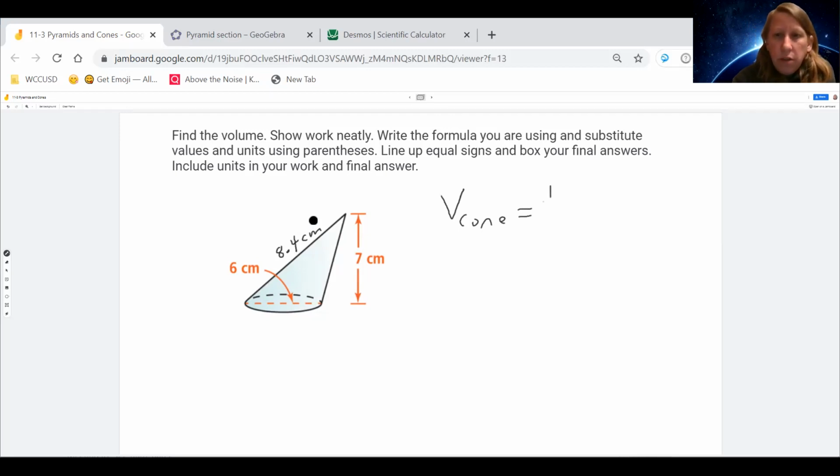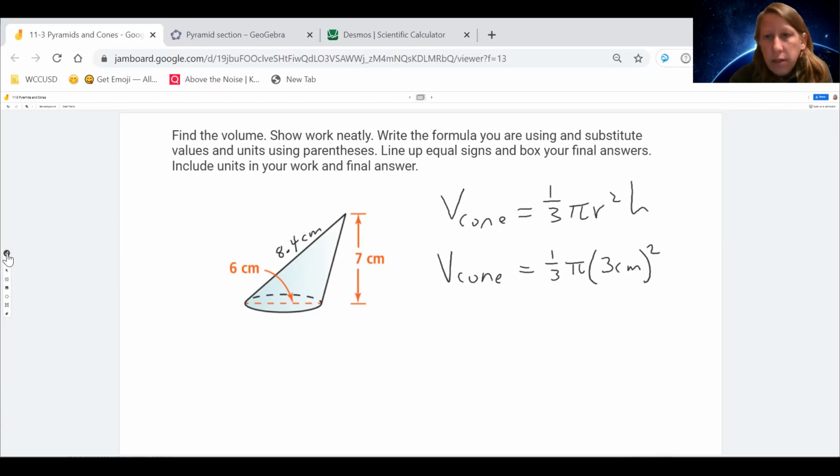So the volume of the cone is 1/3 pi r squared h. And what's the radius on this one? The radius on this one is 3. They're making it so nice on us. 3 centimeters squared times 7 centimeters.